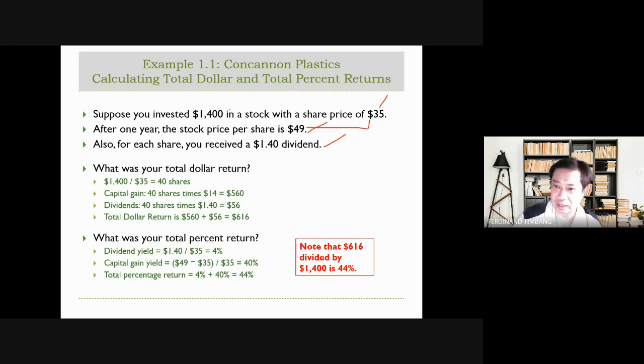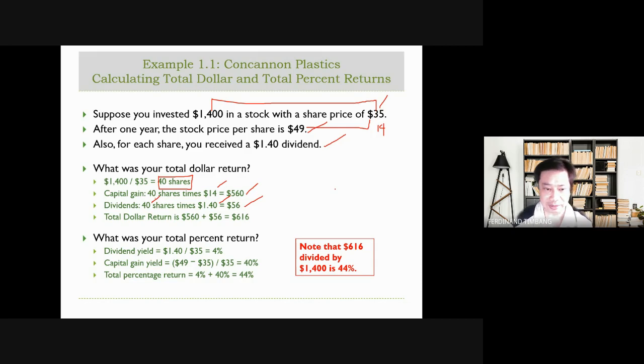If you divide this 1,400 by 35, makukuha natin is 40 shares. Then since the capital gain is 14, 40 shares times 14, we have capital gain of 560. And since you have the dividend of 1.40, 1.40 times 40, so you have 56.